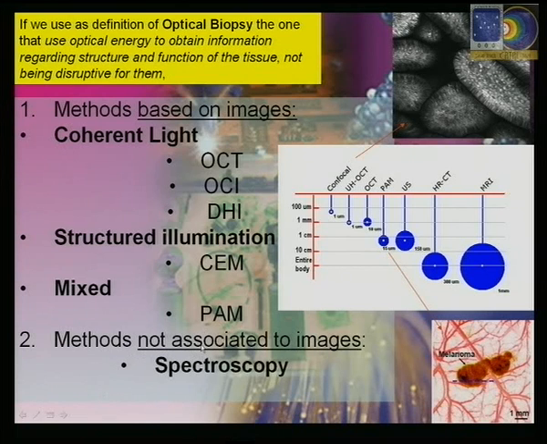That means very far from the domain of pathology that we have been repeating here during the whole presentations. The term optical biopsy, therefore, was used for things that you do not see and that you do not take outside of the body. And this was done just through spectroscopy.